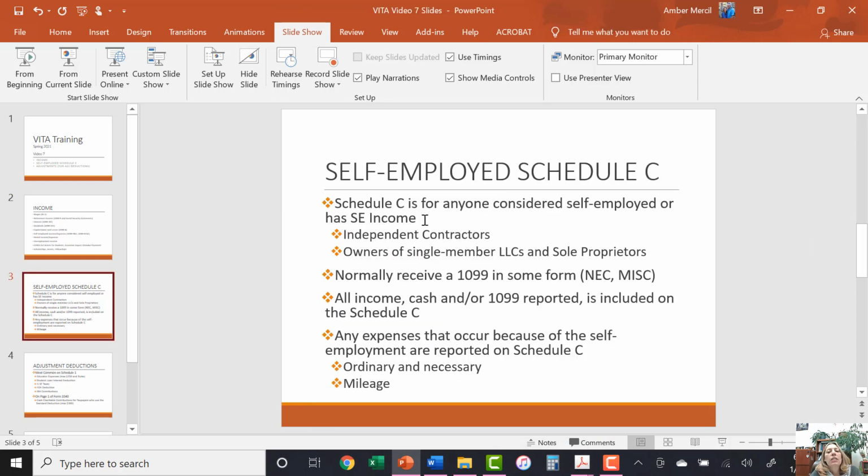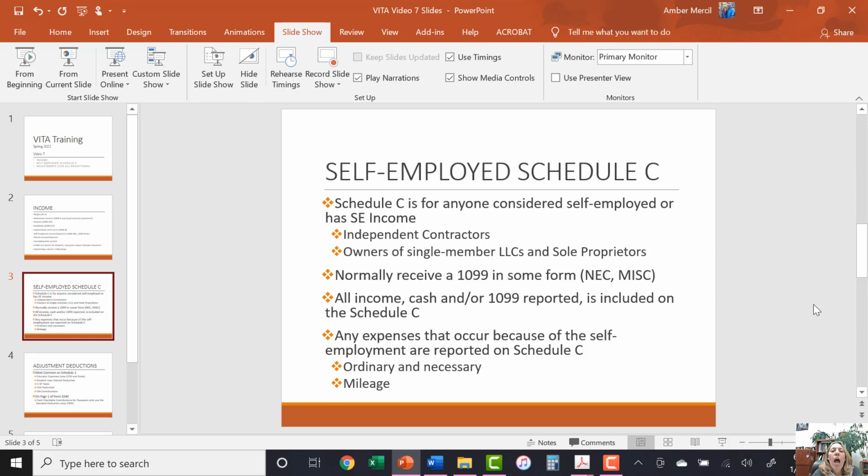Okay, so Schedule C. If you have anybody that receives a 1099 MISC or a 1099 NEC, you have to create a Schedule C. If you receive payments from anybody and you're not considered an employee, you're basically considered self-employed or an independent contractor, and you have to form a Schedule C. Okay, this triggers self-employment taxes, and that's not a fun thing.